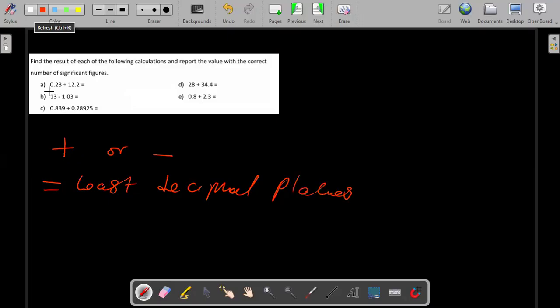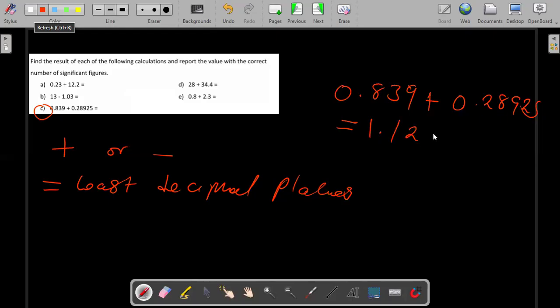Let's try our C. We have 0.839, and I'm adding it to 0.28925. What's the final answer when you add those two numbers? When I add, I'm getting 1.12825. You try adding and see what you are getting.